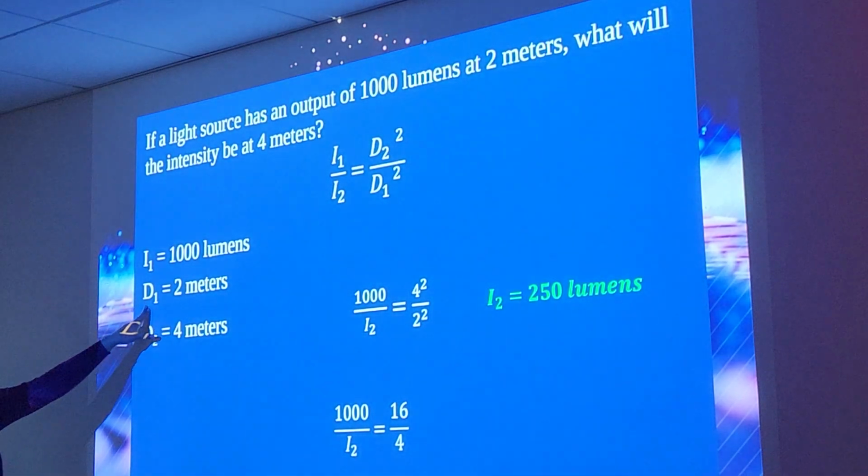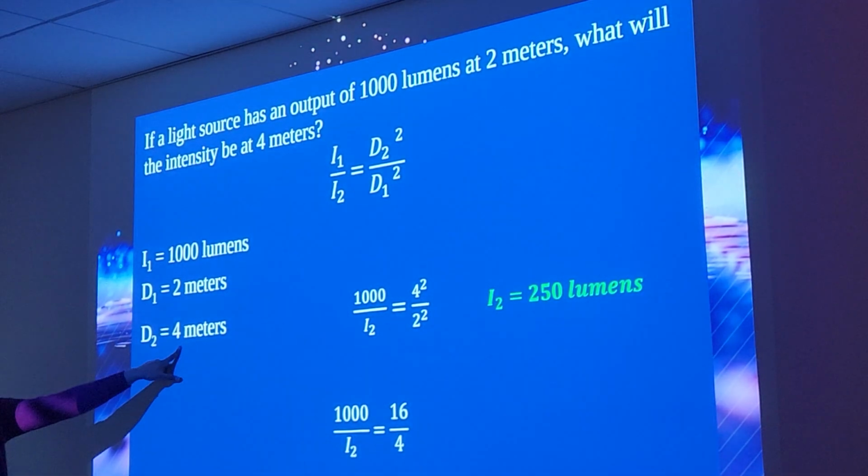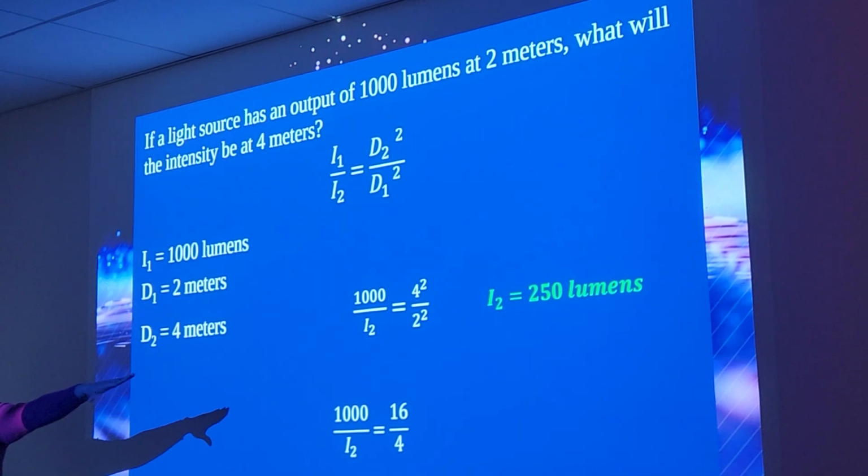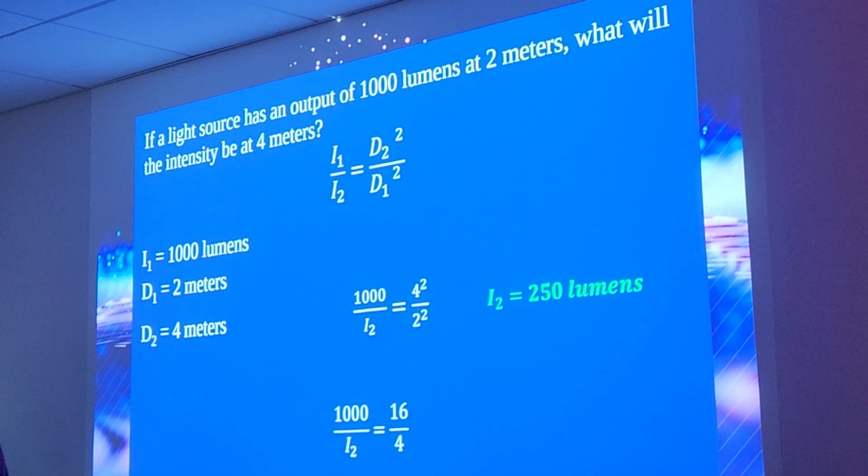Distance 1 is going to be 2 meters. And then distance 2 is going to be 4 meters. So all we're gonna do is take all these numbers and plug that in. 4 squared is 16. And then 2 squared is 4. So we're gonna do some cross multiplication and division, which is gonna give us our answers.